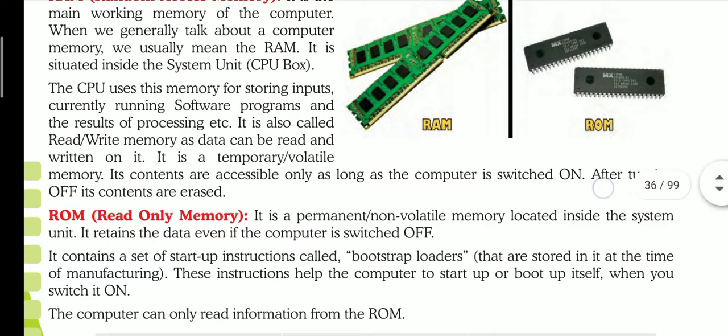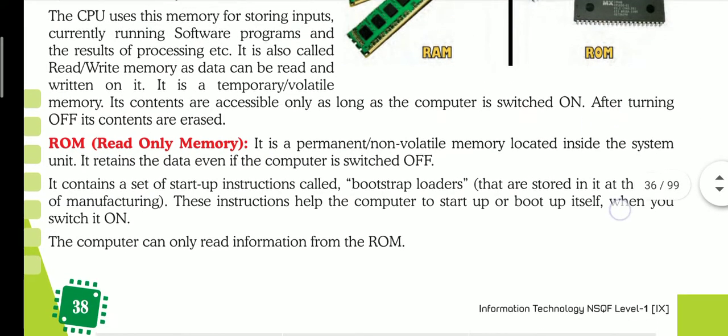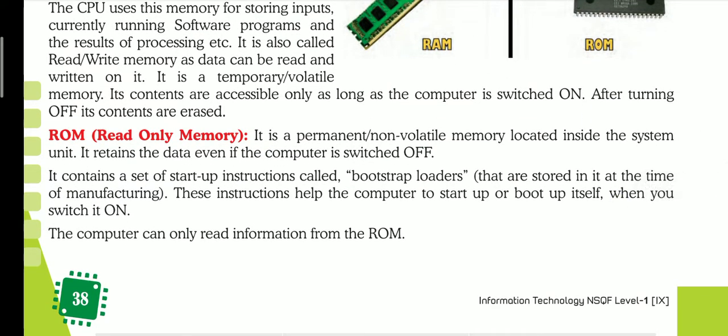Next one is ROM, read-only memory. It is a permanent or non-volatile memory located inside the system unit. It retains the data even if the computer is switched off. It contains a set of start up instructions called boot start loader.